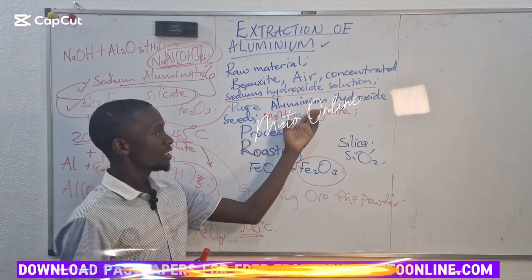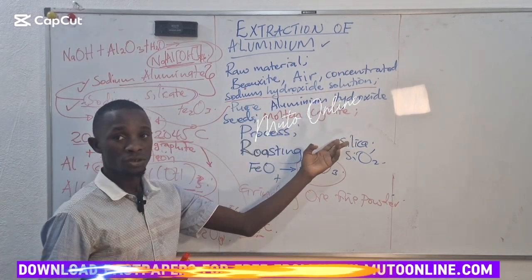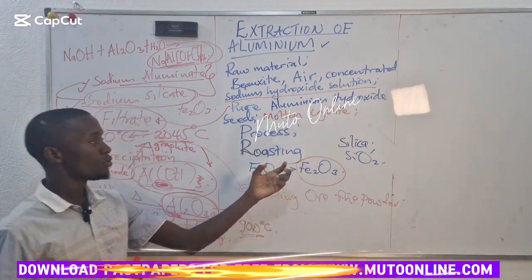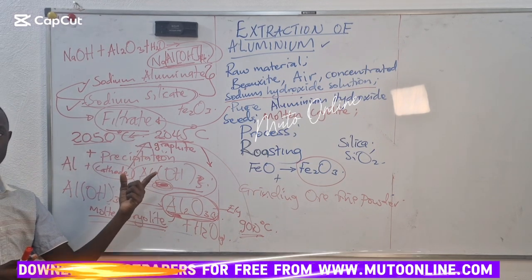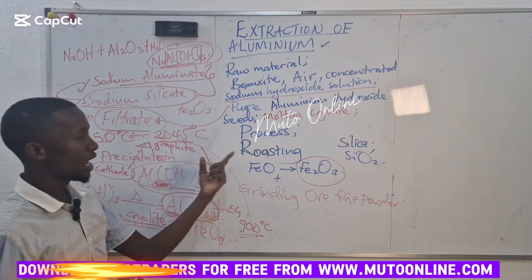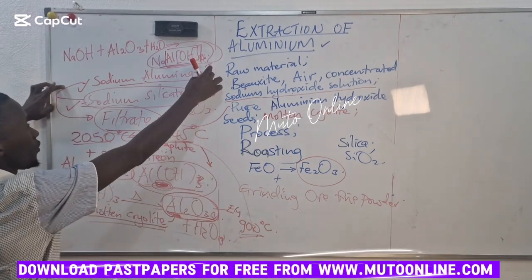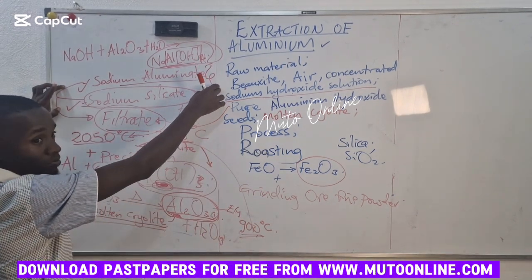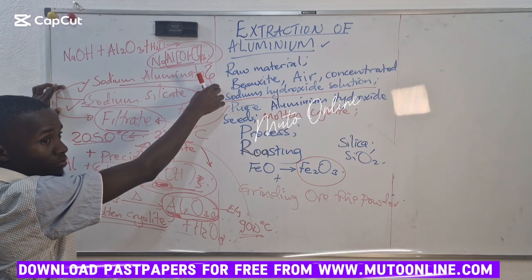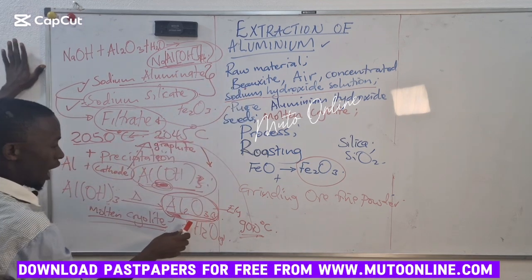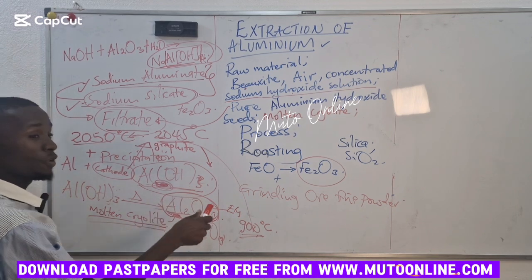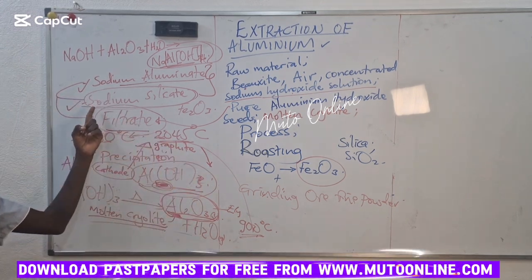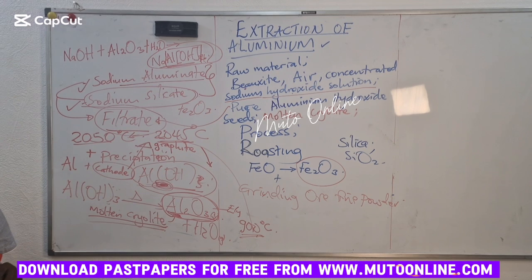The addition of these fine aluminium hydroxide crystals will bring about formation of more aluminium hydroxide crystals from this filtrate. The formed crystals are of aluminium hydroxide. They will be filtered off, leaving behind sodium silicate as a filtrate.